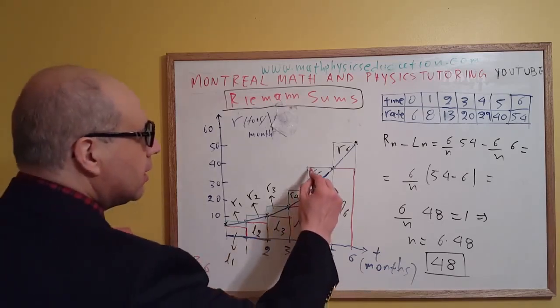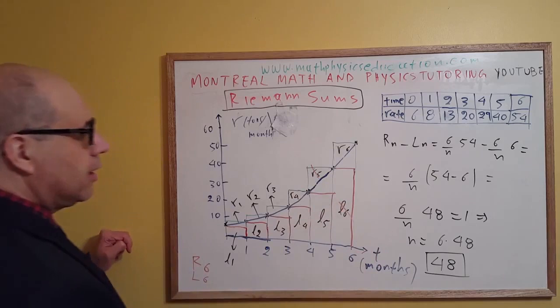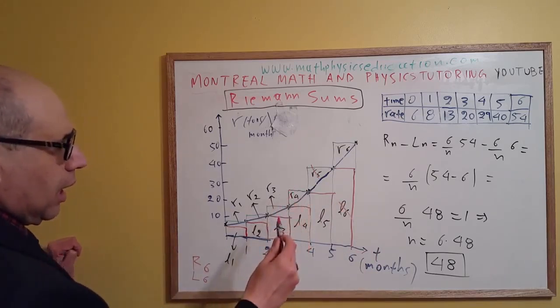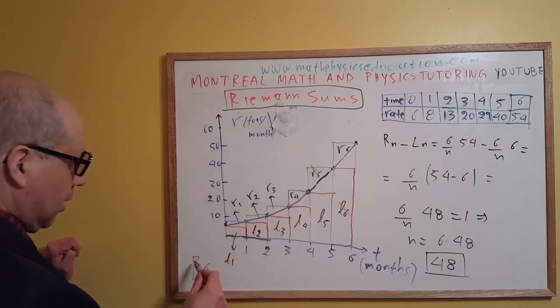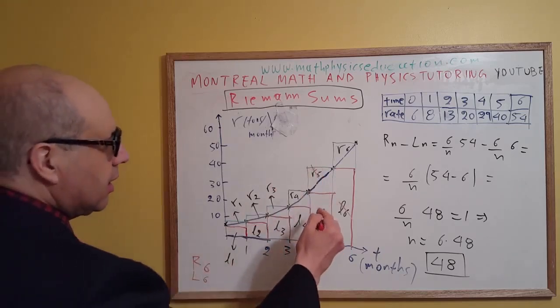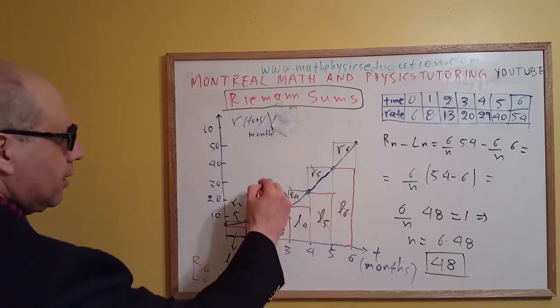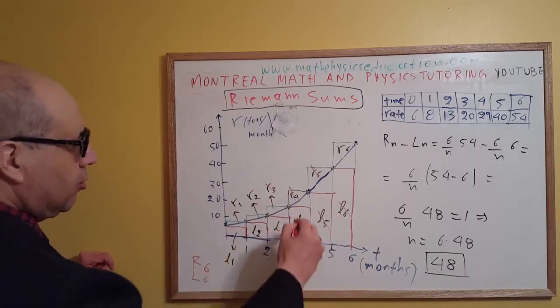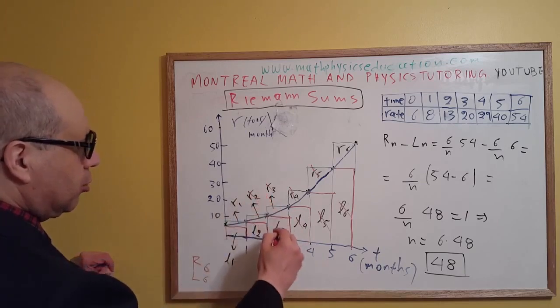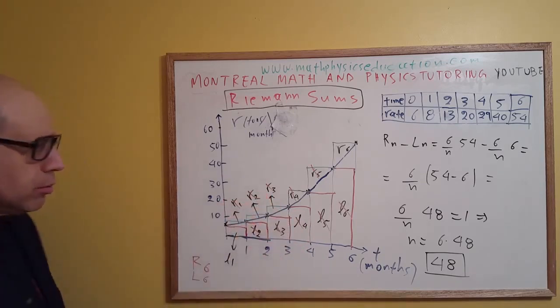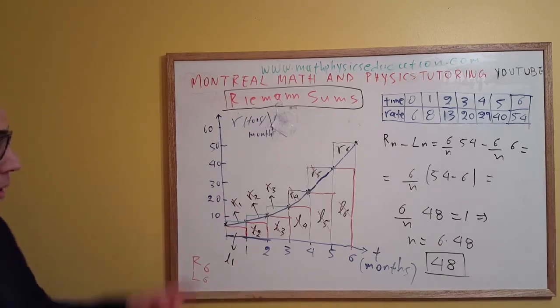So you see that this will cancel with this, and then if you take the R4 for the capital R6, that will cancel with the L5, R3 with L4, R2 with L3, and R1 with L2.